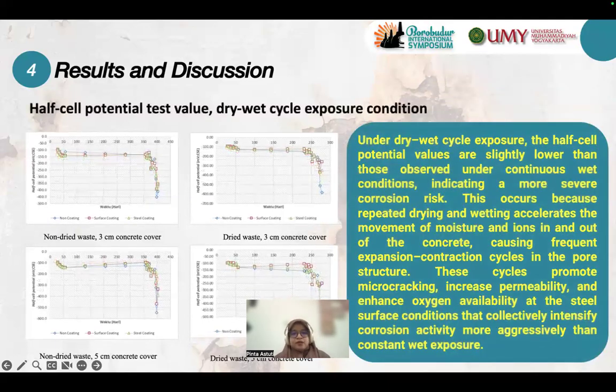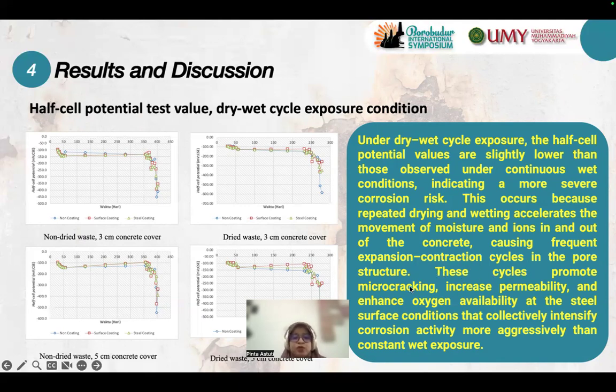And then the dry-wet cycle exposure condition. Under the dry-wet cycle exposure condition, the half-cell potential values are slightly lower than those observed under continuous wet condition, indicating a more severe corrosion risk. This occurs because repeated drying and wetting accelerate the movement of moisture and ions in and out of the concrete, causing frequent expansion and contraction cycles in the pore structure.